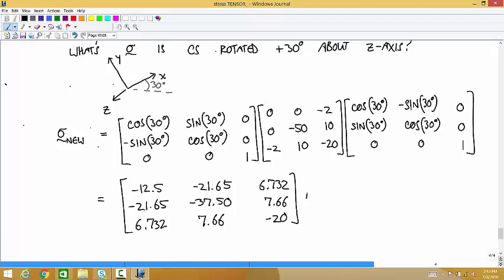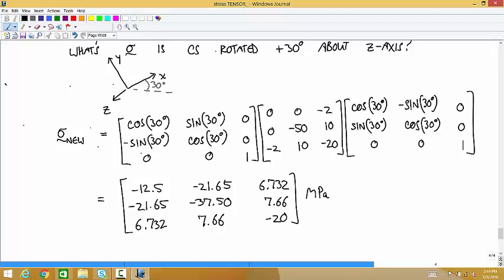Those are all in megapascals. You can see in the original one we had this really big normal stress in the y direction. Now some of that has become shear stresses, some has become normal stresses in other directions.